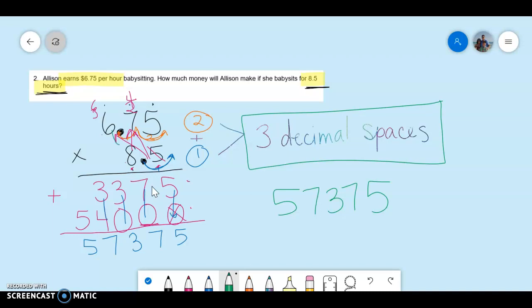In the beginning, we took the decimals out to the ends. So you're going to come back here to the end, and you're going to roll the decimal back in the amount of spaces that were taken out. We took it out 3 spaces, 2 here and 1 here, for a total of 3.